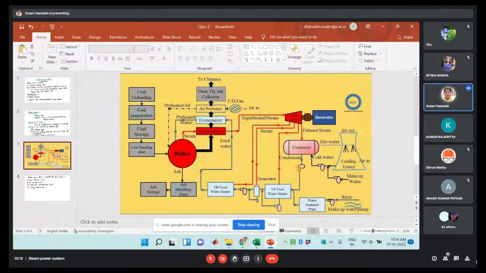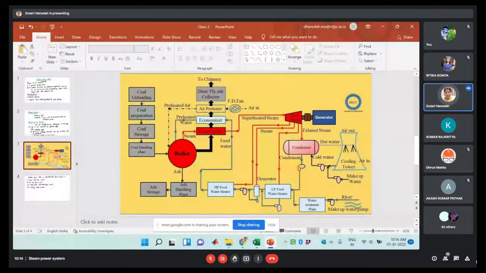Then we are having the feed water. So this is the feed water, right? Feed water and your steam circuit. Then we are having the cooling water circuit. So this portion is discussed as the cooling water circuit. Here each will have different functions.